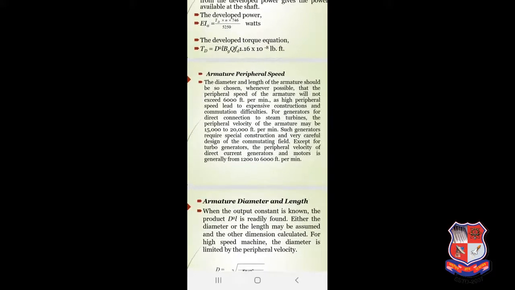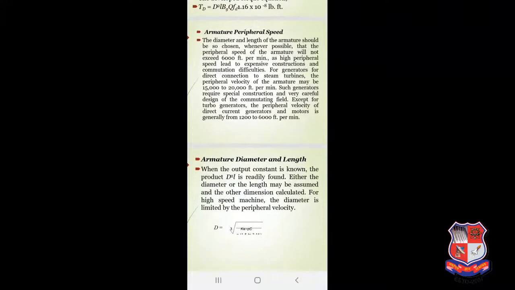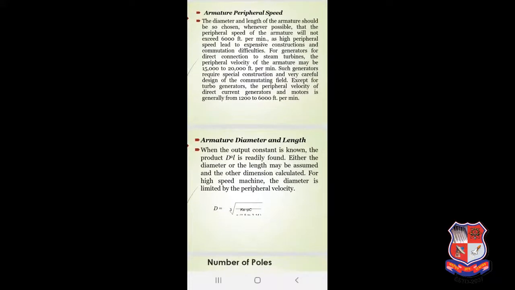For a generator directly connected to a steam turbine, the peripheral velocity of the armature may be 15,000 to 20,000 feet per minute. Such a generator requires special construction and very careful design of the commutating field. Except for turbo generators, the peripheral velocity of DC generators and motors is generally between 1200 and 6000 feet per minute.